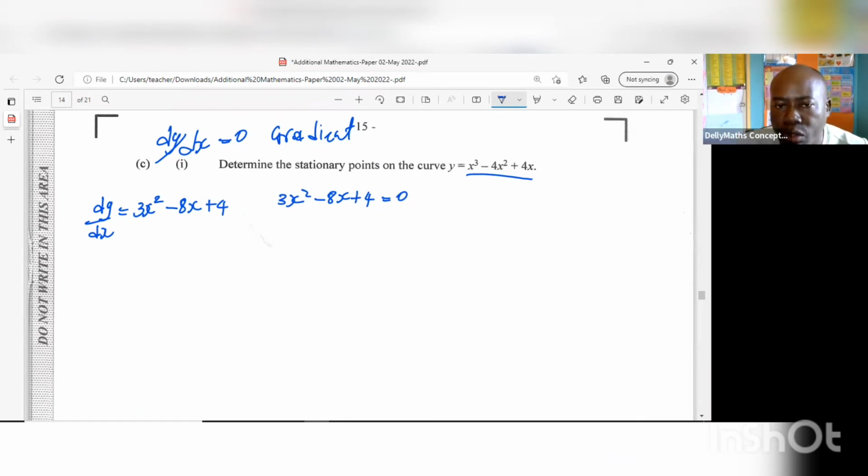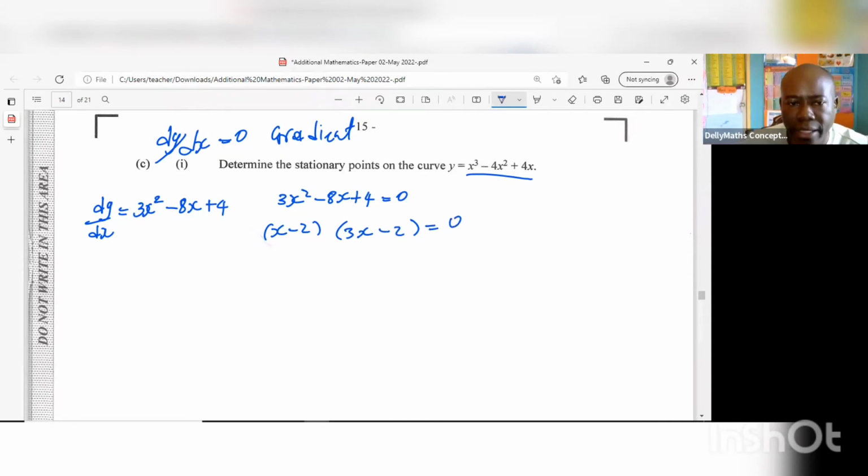Now we could do some quick factorization. So when you do your factorization, you'll work out that if I factorize this, I'm looking at x minus 2 into 3x minus 2. This is equal to 0. So if we check this out, -6, we'll end up with that.